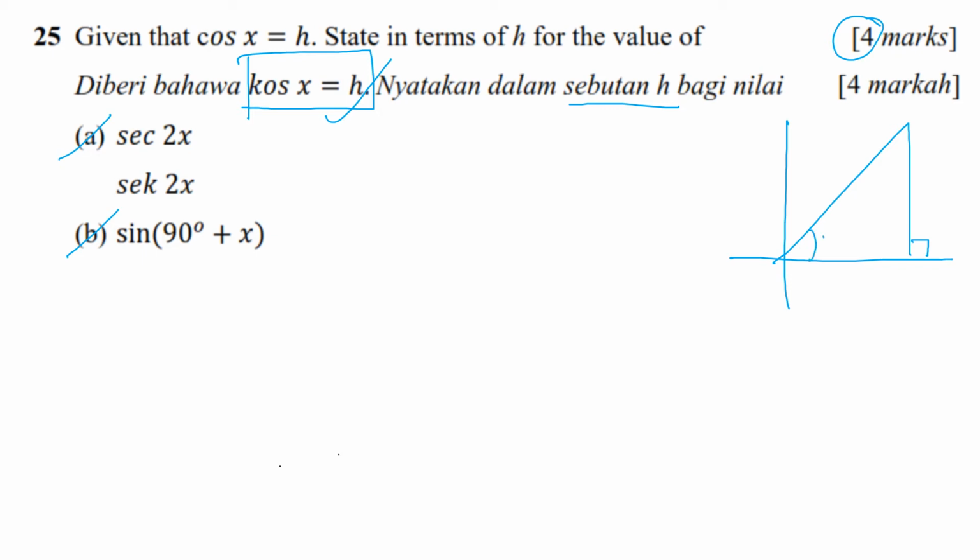So this is x. Cos is adjacent over hypotenuse. Cos x equals adjacent over hypotenuse, means that it's here over here. So adjacent over hypotenuse, you get it as the value of h.